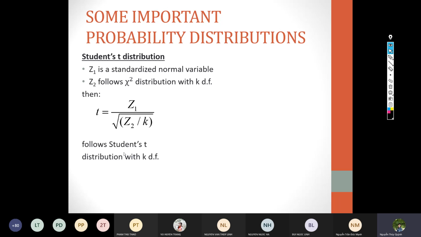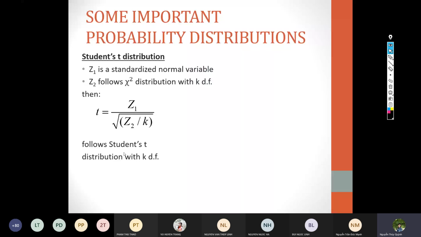Like the chi-square distribution, the student t distribution also has degrees of freedom. Now, do you remember the shape of the t distribution? Is it symmetric or asymmetric? It's symmetric, right? The distribution of t is symmetric and it has an expected value of 0.